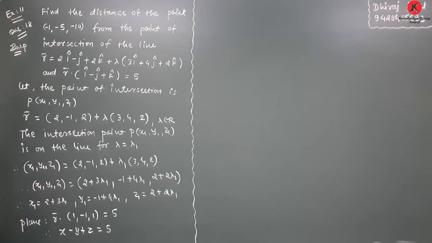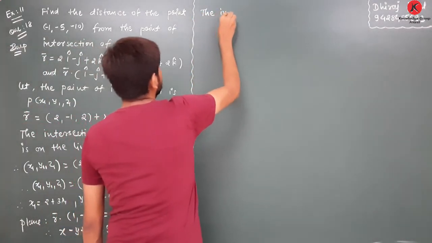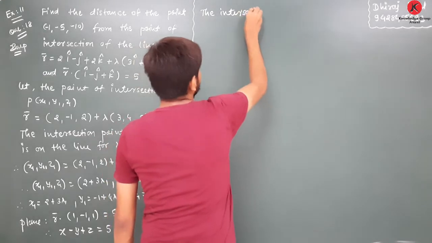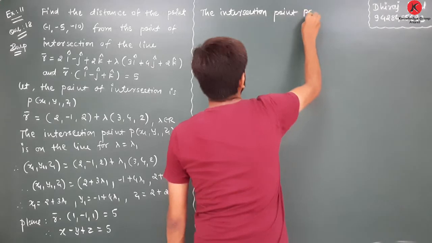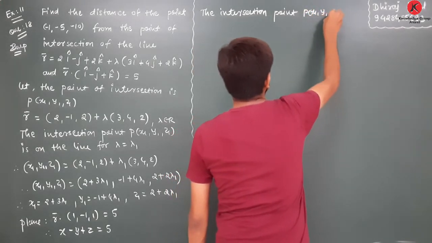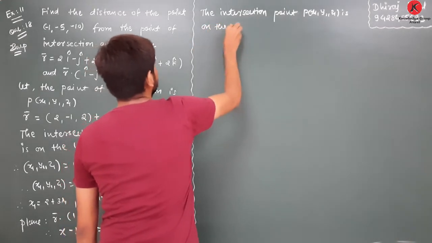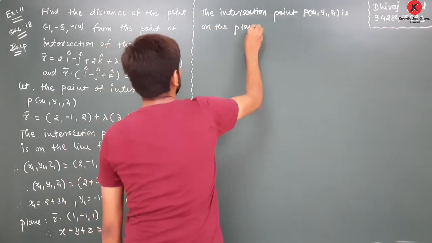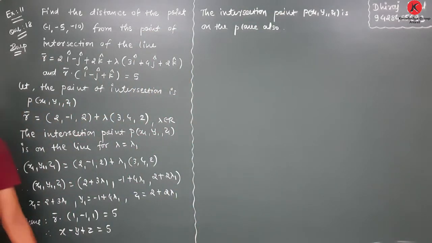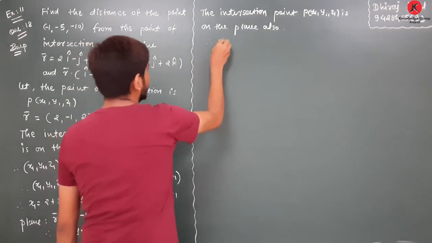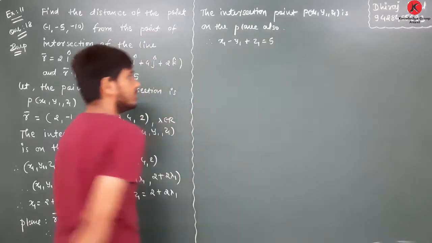But the point P, the intersection point (x1, y1, z1), is on the plane also. Therefore this point will satisfy the equation of the plane. Therefore we are getting x1 minus y1 plus z1 equals 5.